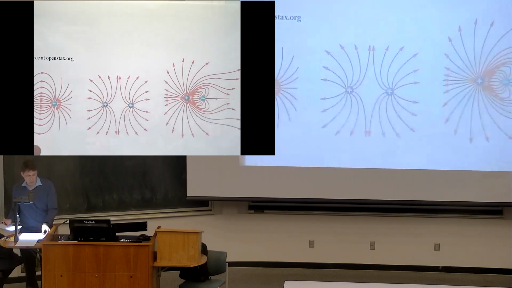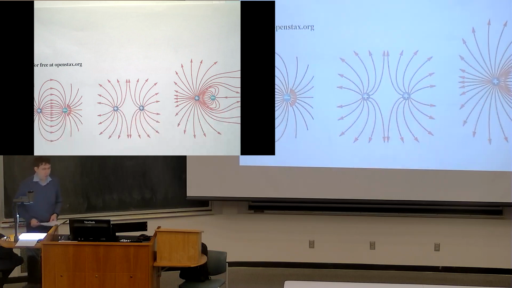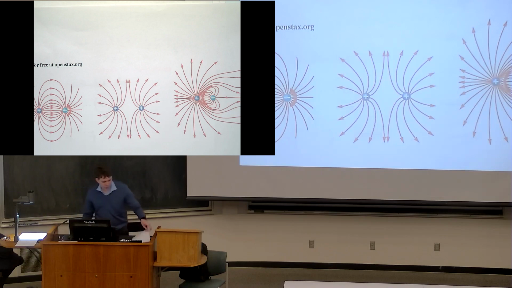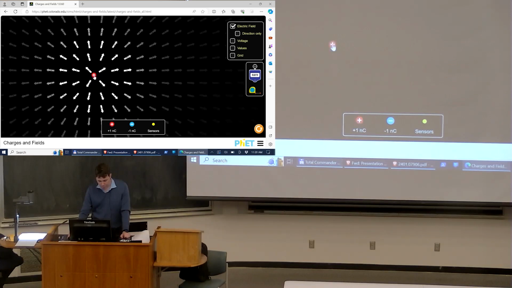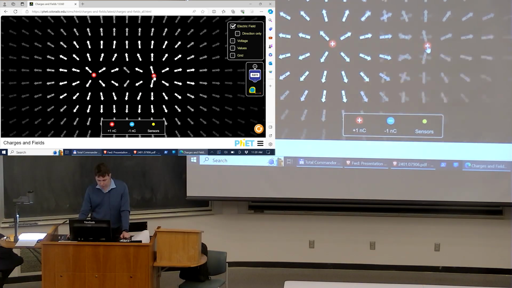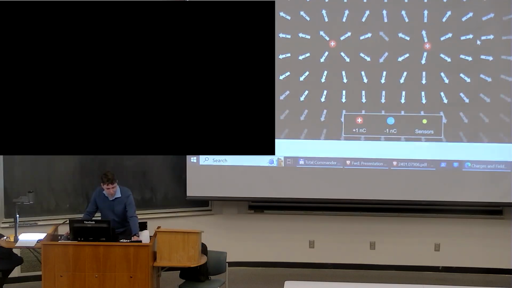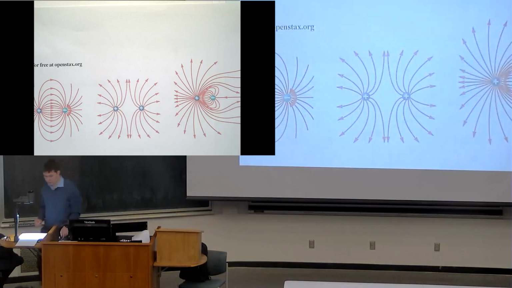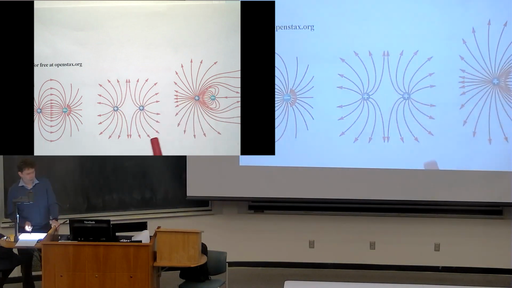Well, here's another situation. There are 2 positive charges. So I can switch back to the simulation. That's what it would look like if we drew arrows, and then we draw solid lines through those arrows, and that's the picture we see.